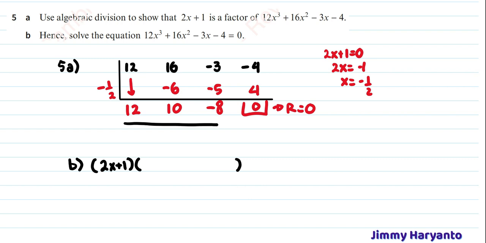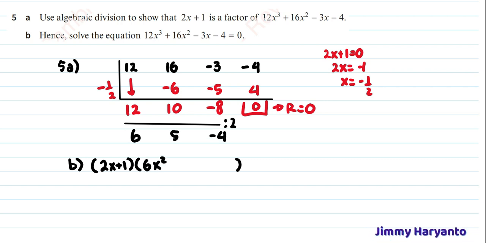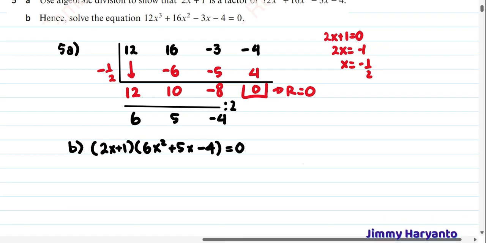The quotient has to be divided by 2, since the coefficient of x is 2. That means 6, 5, and negative 4, so 6x squared plus 5x minus 4. And because the question wants you to solve this, we also have to write down the equal to 0.